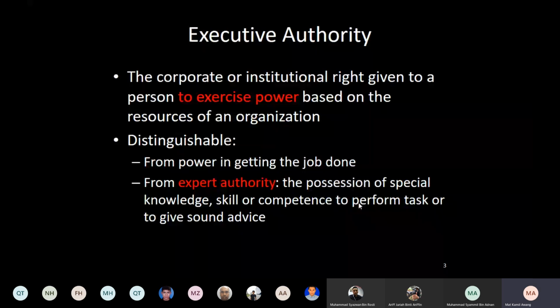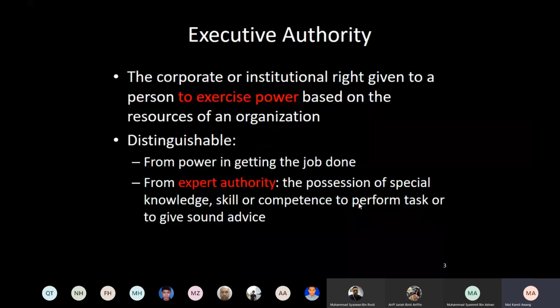So the difference between executive authority and expert authority is that executive authority is given by the law or by the authority or by somebody higher up, whereas expert authority is based on your knowledge, your skill, and your competence to perform tasks or to give sound advice.